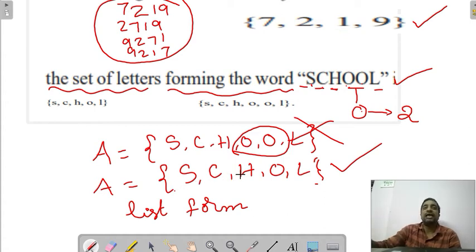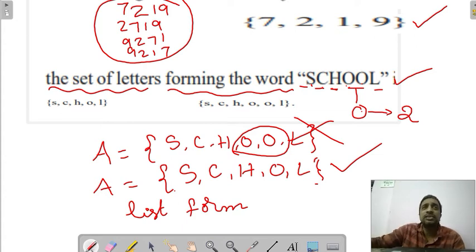The second one is correct, S, C, H, O, L. These elements are listed, so it is list form or roster form.